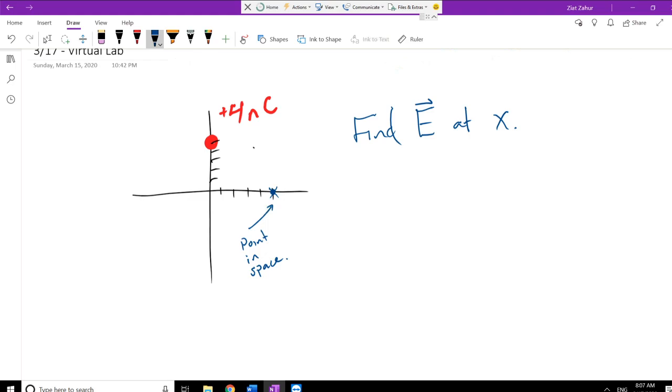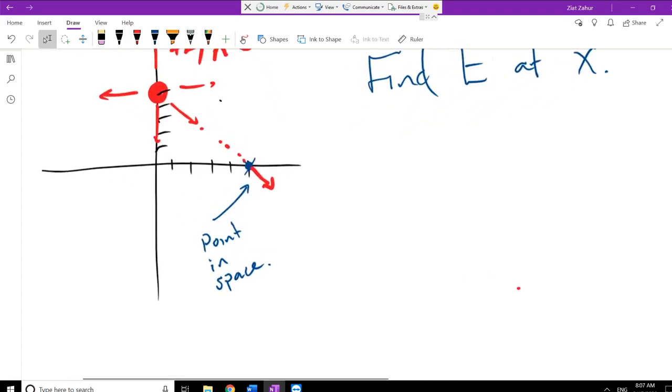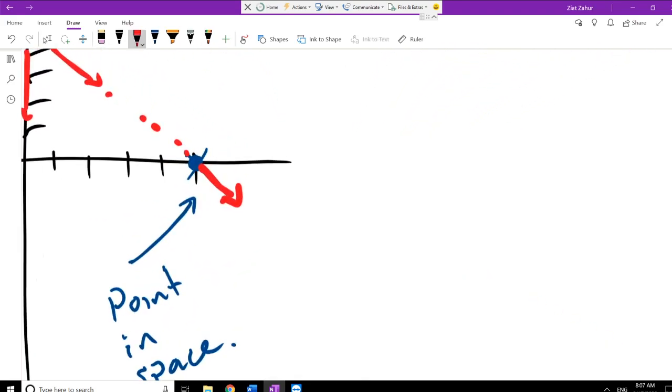And so on that spot, which way does the electric field point? Right? So that's the question. Now generally we know that if it's a positive charge, all the field lines are pointing away from the positive charge in all directions. Okay? So the electric field would be pointing away in that direction. So at that spot, we also have a vector that points away, like so. So this is what we're looking for, the value or the magnitude and direction of this arrow.